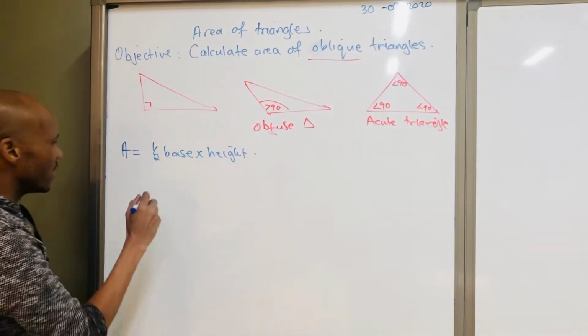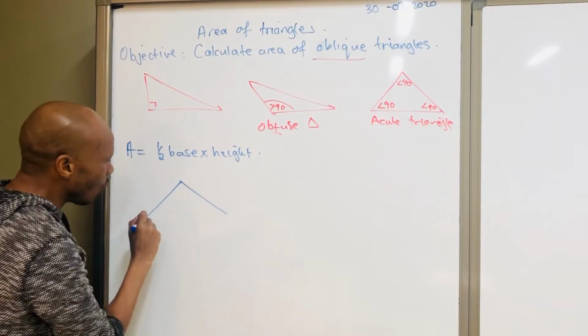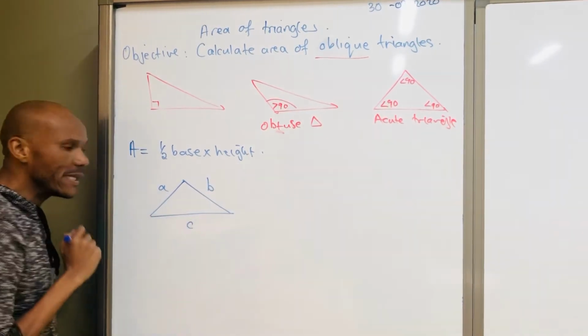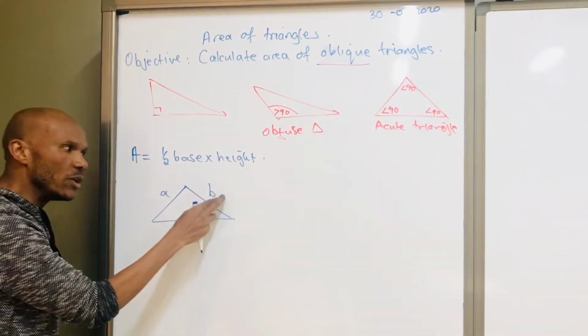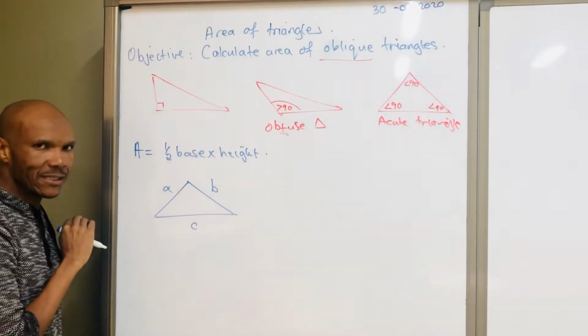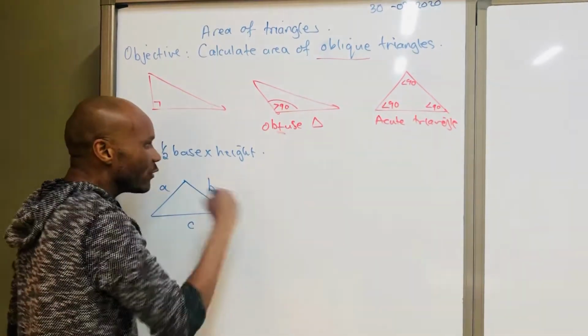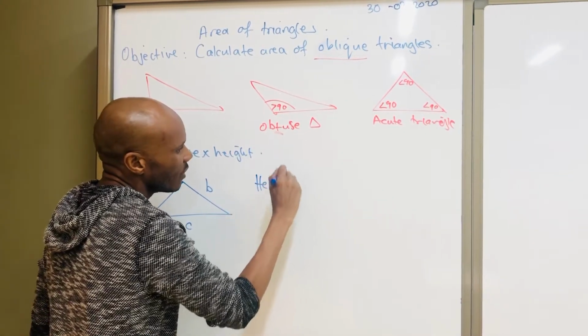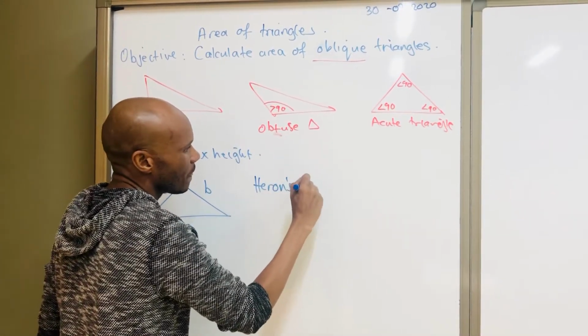One method is if we know what the sides A, B, and C are. If we know all the sides, this is called Heron's formula.